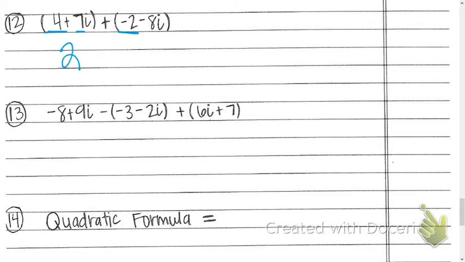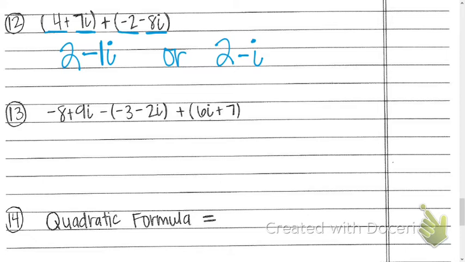And then we have 7 minus 8, which is a negative 1. So you can say 2 minus 1i, or it can be written as 2 minus i. That's it on that one.